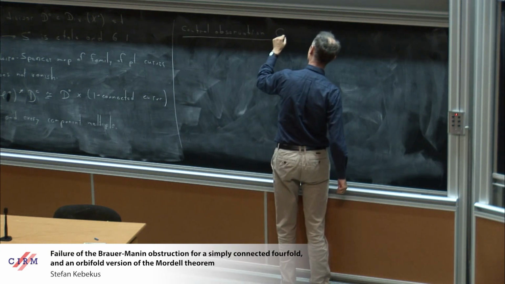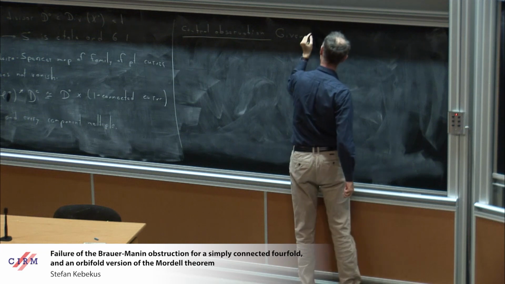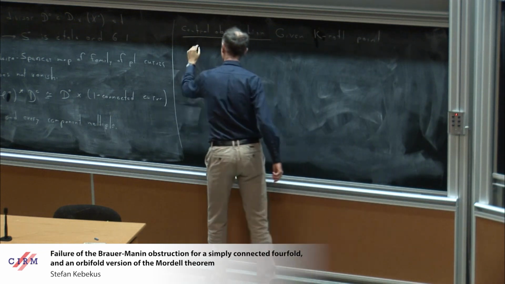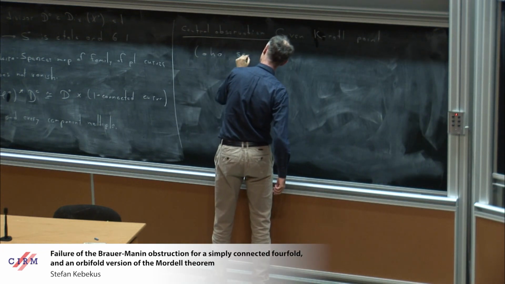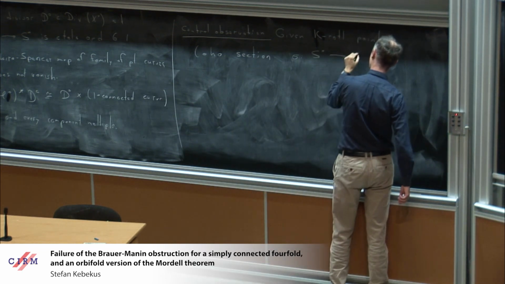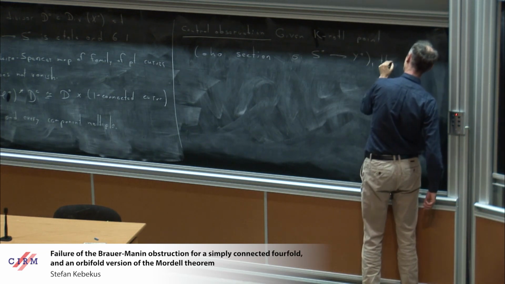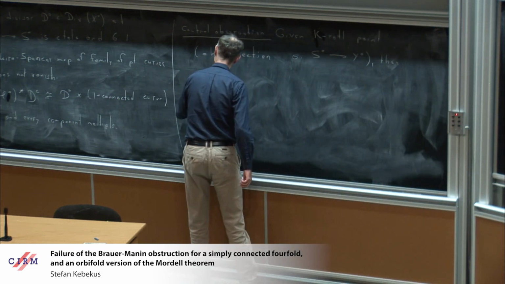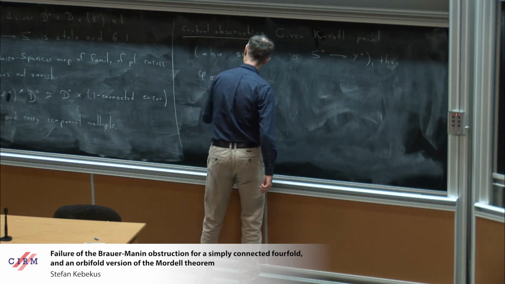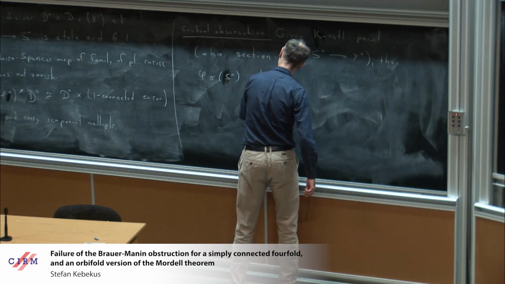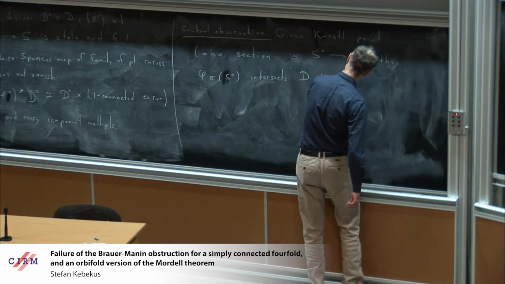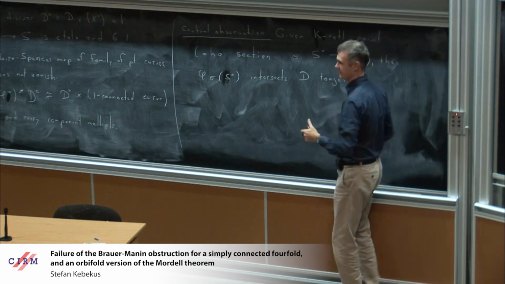Central observation: given a k rational point, also known as a section sigma from S naught to Y naught, then phi of sigma of S naught intersects D tangentially.